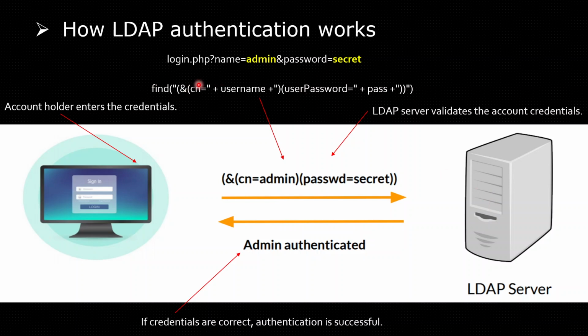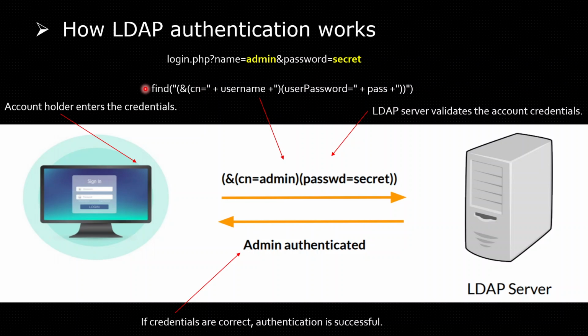Just like in SQL, we log in, the username and password go to the server, and then a query is created: select star from users where username is equal to this and password is equal to this. SQL creates a query and retrieves the data from the database. It checks the data and then says whether this is the correct user or not. In the same way that SQL uses queries, we use LDAP filters.